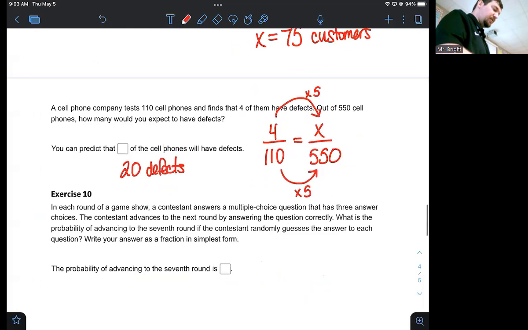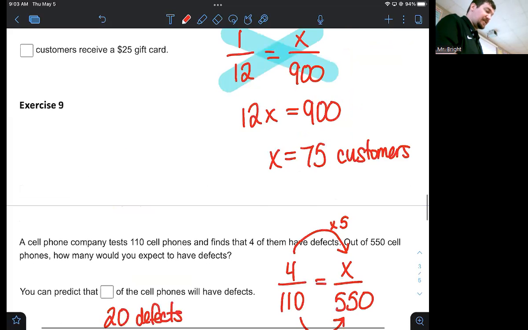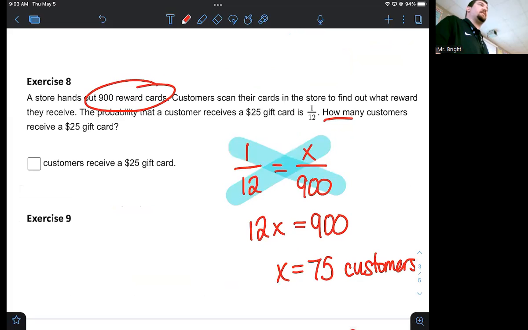This is experimental. Like this is going to change. In the next shipment, I may not see any defective cell phones. And so the experimental probability will decrease a little bit. But this is what I've seen. That's why it says, how many would you expect to have defects? Because this really is a prediction based off of what I've seen so far. Whereas the last question said, how many customers will receive it?